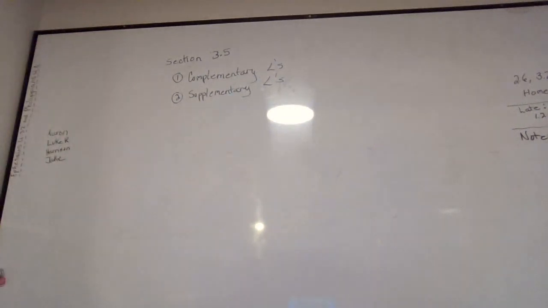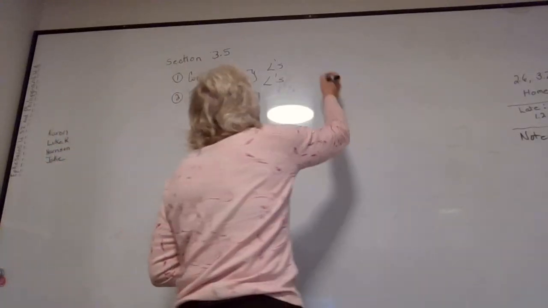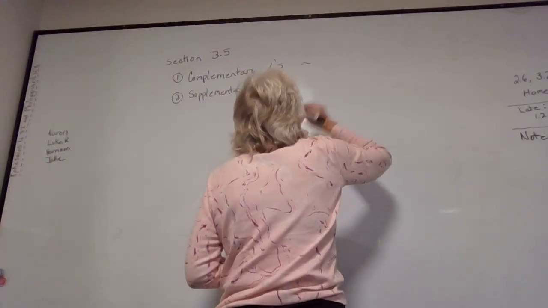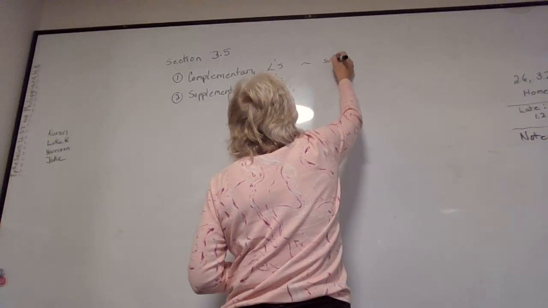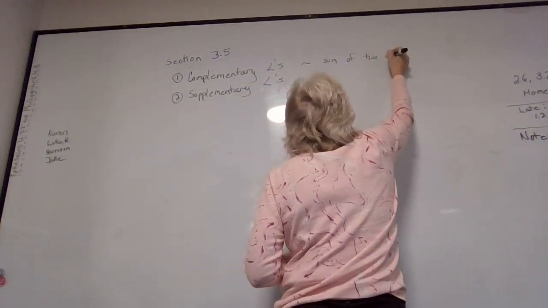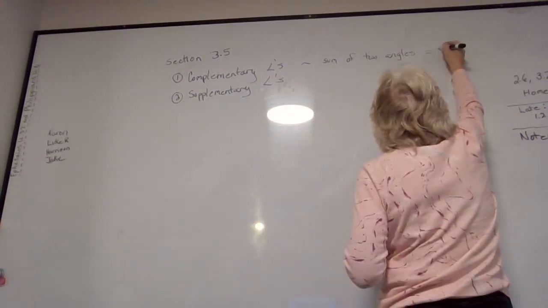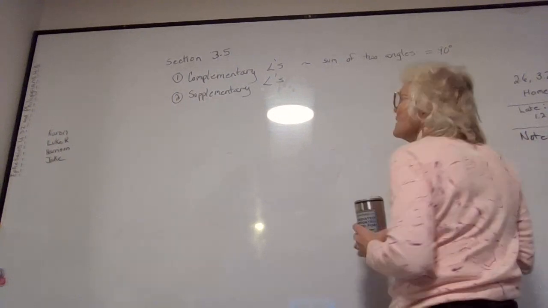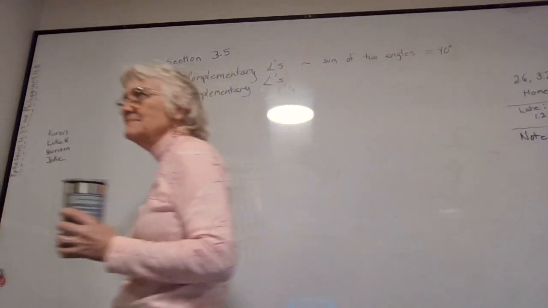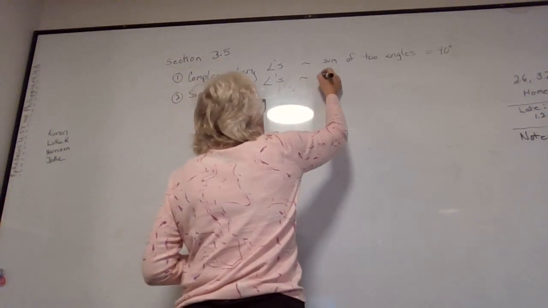Oh, yes. If two angles are complementary, their sum is 90 degrees. Yes, the sum of two angles equals 90 degrees. That's complementary. And supplementary would be 180 degrees.